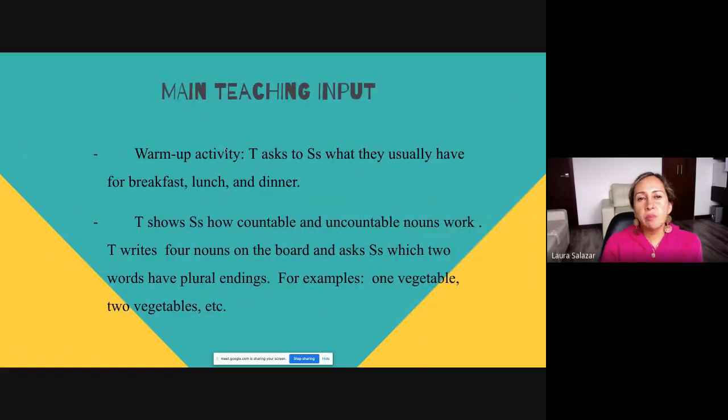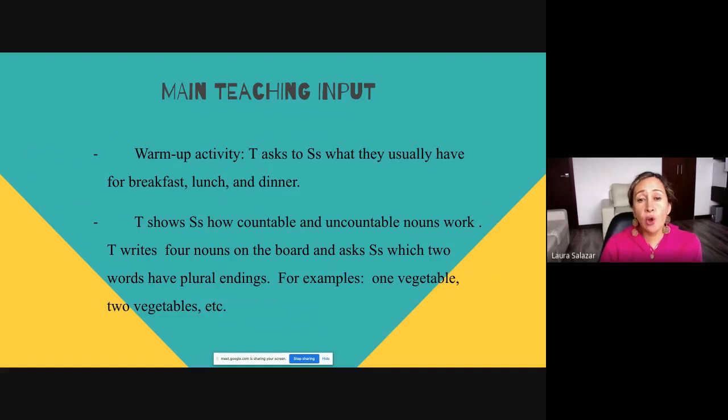For the main teaching input, for the warm-up activity, teacher will ask students what they usually have for breakfast, lunch, and dinner. So they're going to have a little conversation about what they usually have for these 3 things. Then teacher shows students how countable and uncountable nouns work.